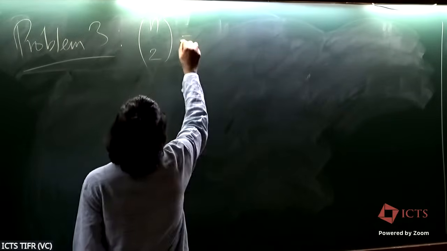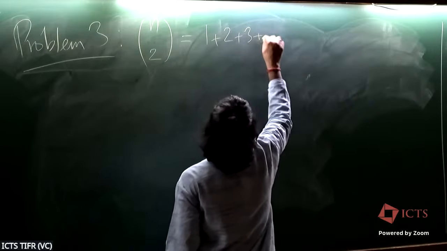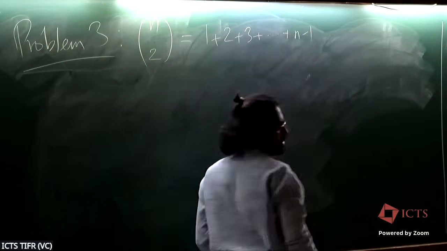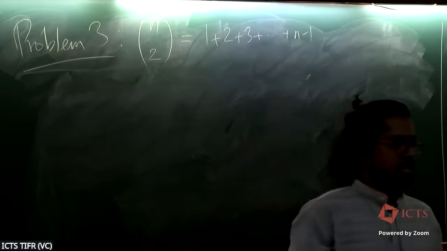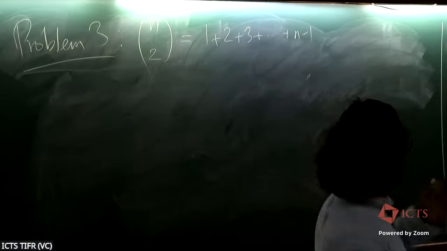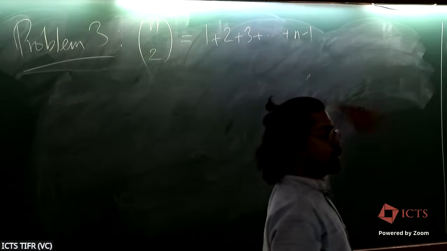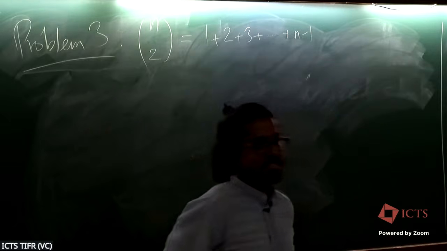But curiously, this is also this, right? 1 plus 2 plus 3 plus up to n minus 1, you know, the formula for an AP. This is n minus 1 into n by 2, right? That also turns out to be n choose 2. Can you give me a combinatorial proof of this?